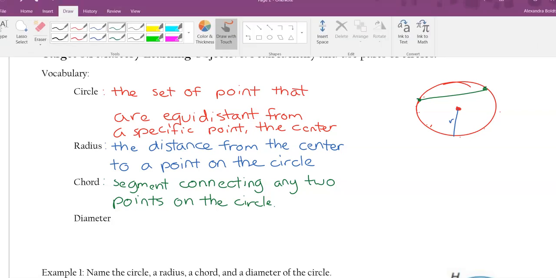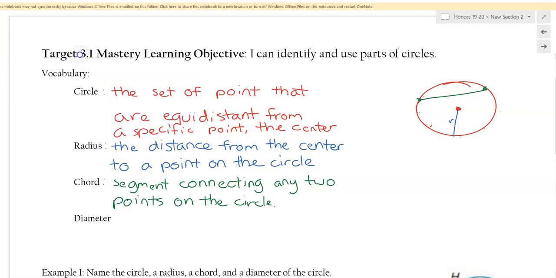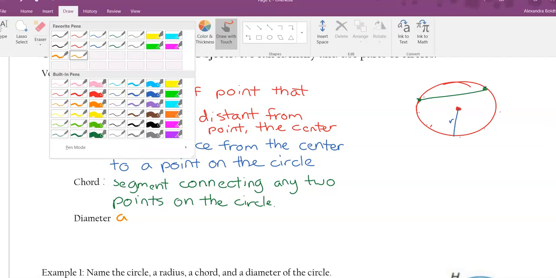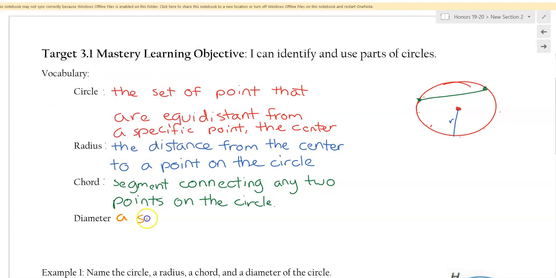And then we have a diameter, and our diameter is just a special chord, a special chord that goes through the center.